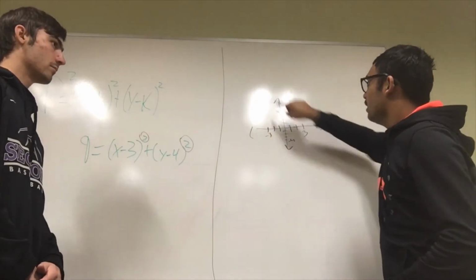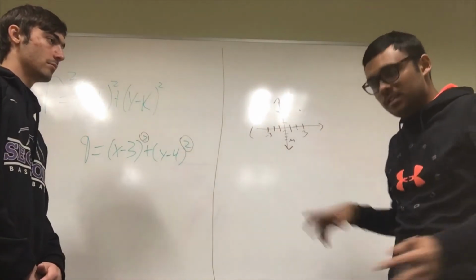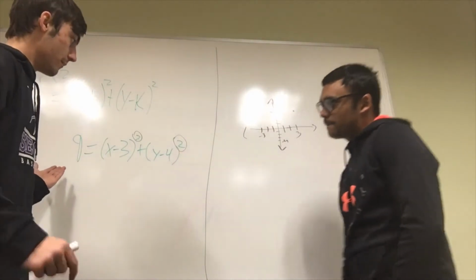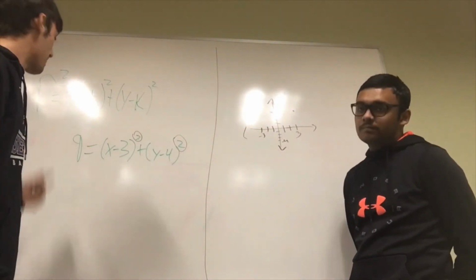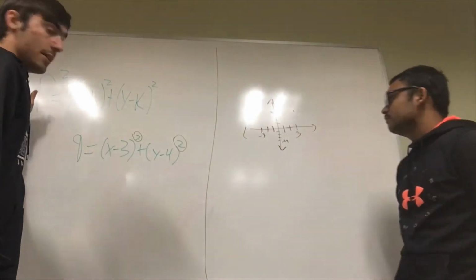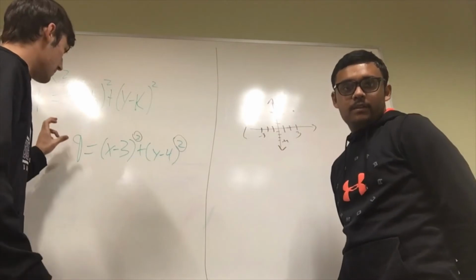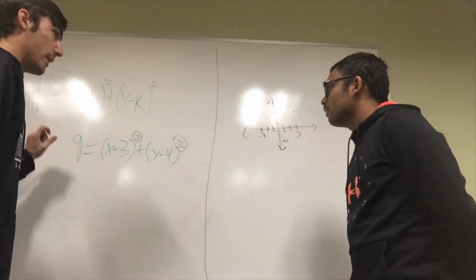Now we have to find how big the circle should be, its circumference. You see how we have 9 in this equation, and in our base equation we have r squared. So r is our radius. Since we have 9 on this side, we have to square root it, because it is the radius squared.